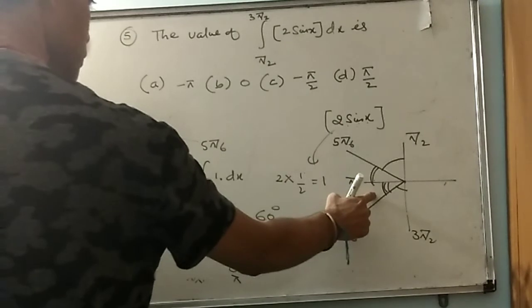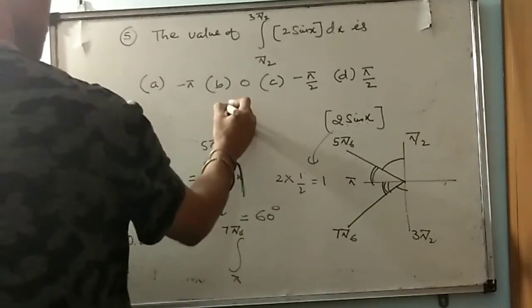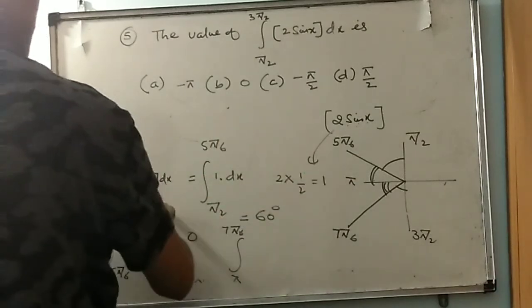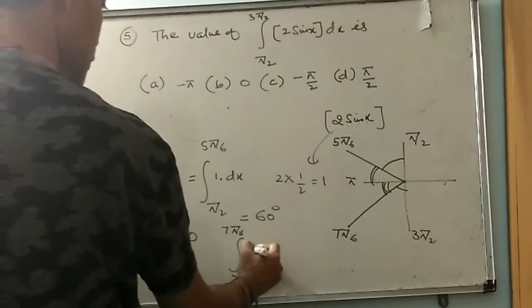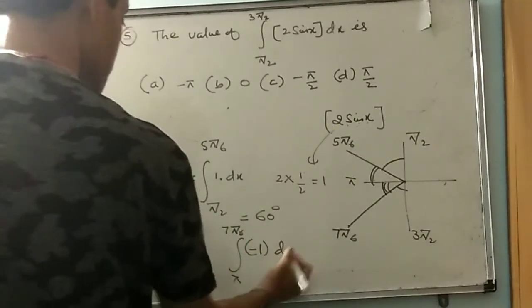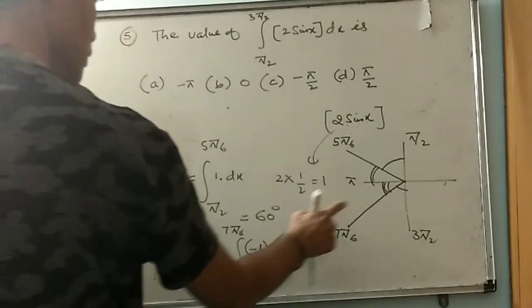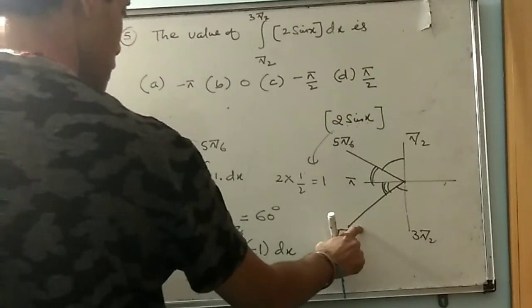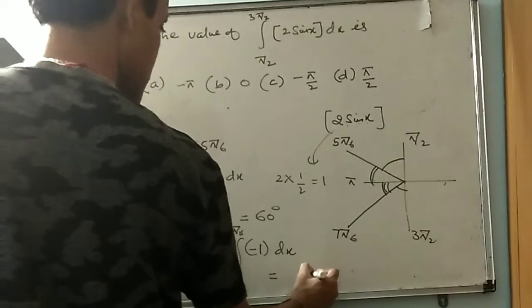So minus half into 2 will make it minus 1, the smaller of the two. And this one is 180 plus 30, 210 degree minus 180 degree, that is 30 degree.